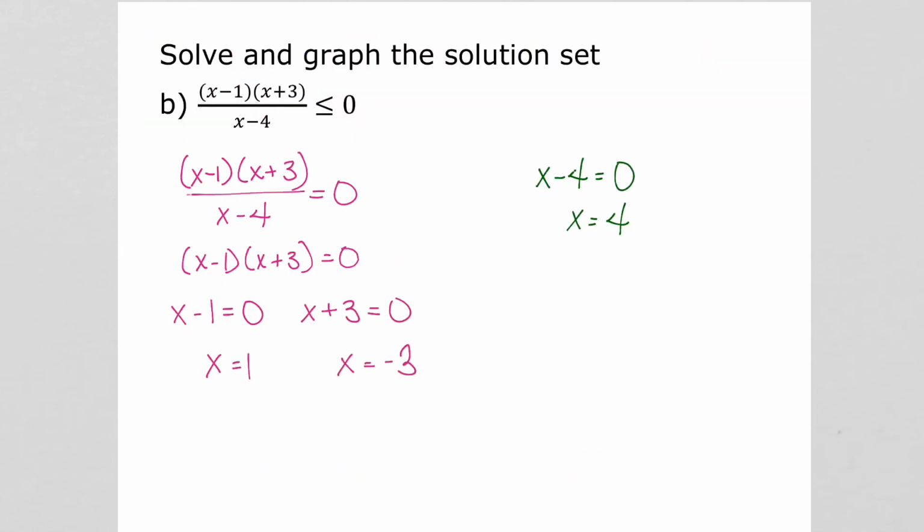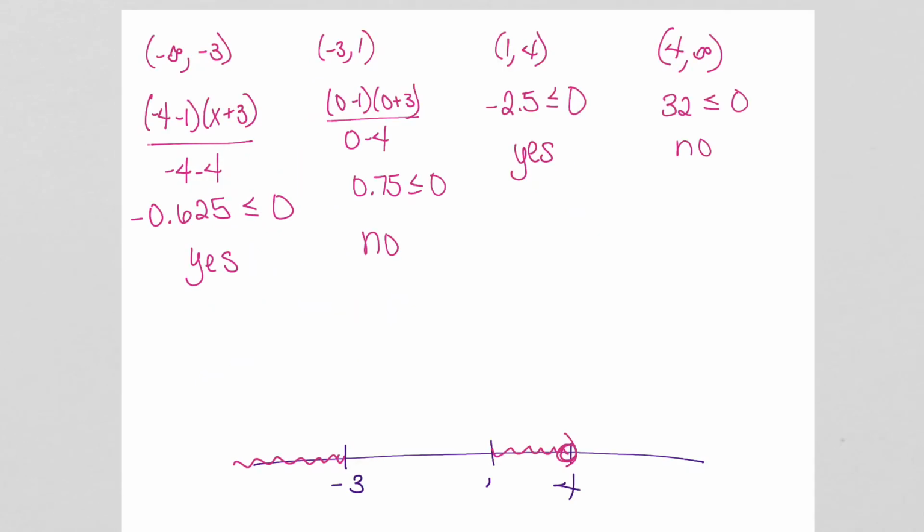And then since we've got less than or equal to, we are going to include the negative 3 and the 1. So we'll write negative infinity to negative 3, unioned with, including 1 to 4, but not including 4.